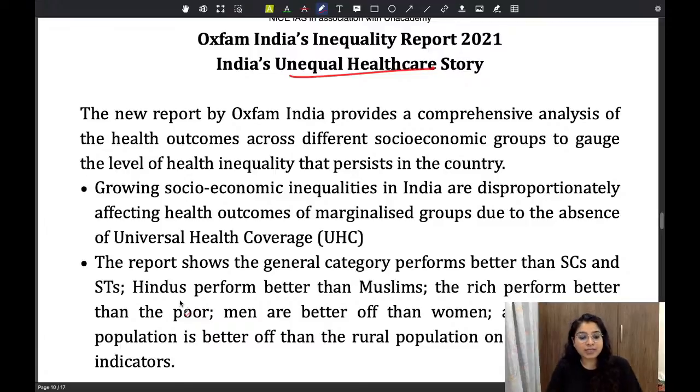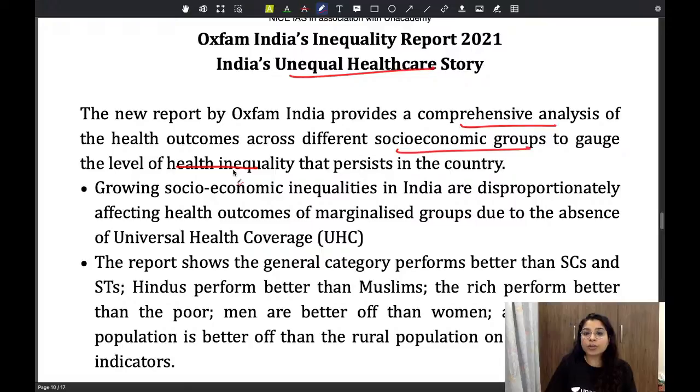So you need to understand that healthcare was not equally accessible for everyone in the COVID times, and in general also what are the problems of the Indian healthcare system. So the new Oxfam report provides a comprehensive analysis of the health outcomes among the different socioeconomic groups. Again, when you're talking about different socioeconomic groups, you see it in terms of the socially defined groups to gauge the level of health inequality that persists in the country.